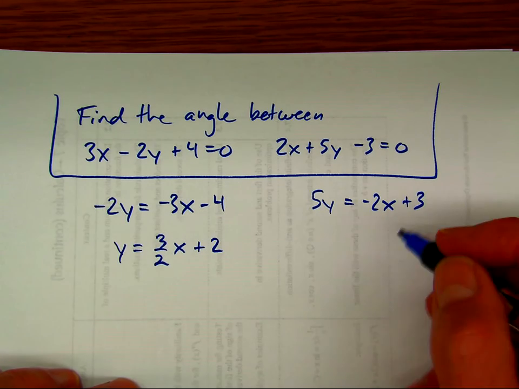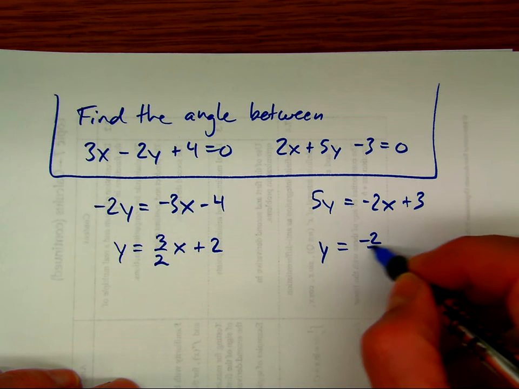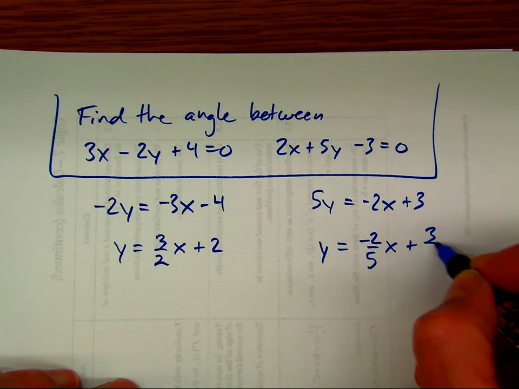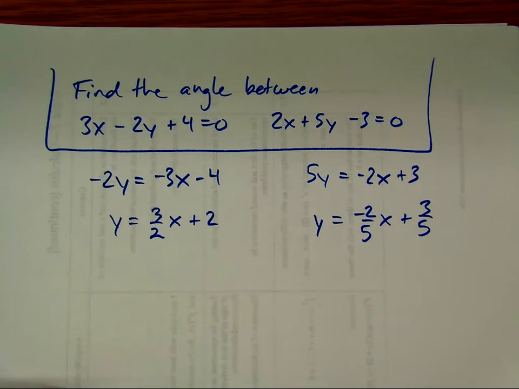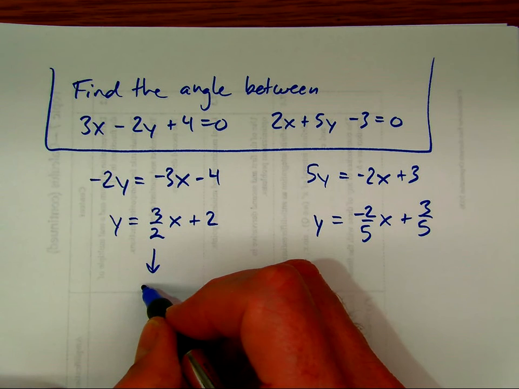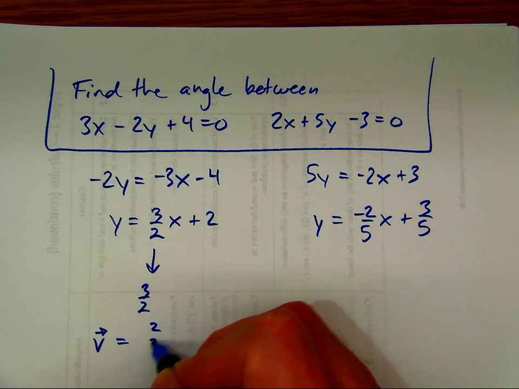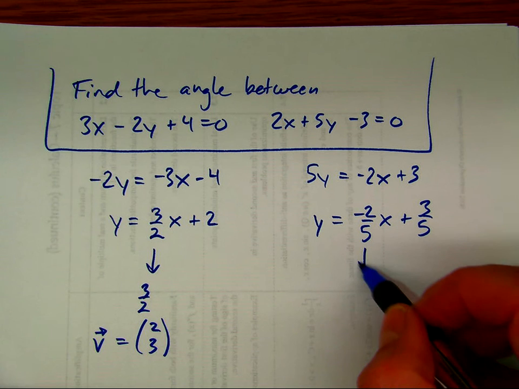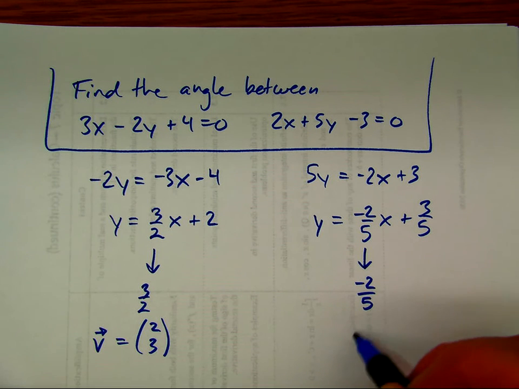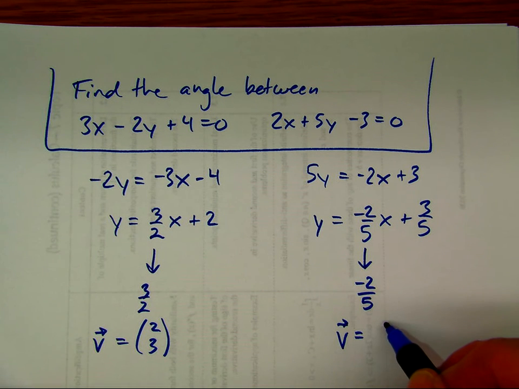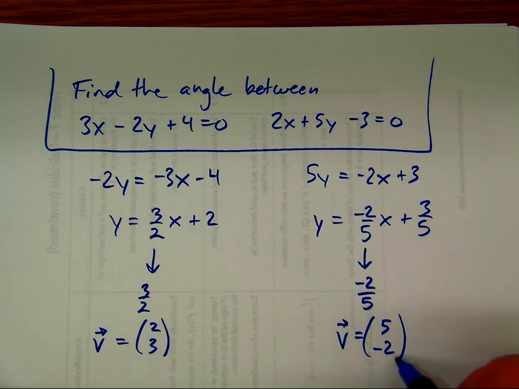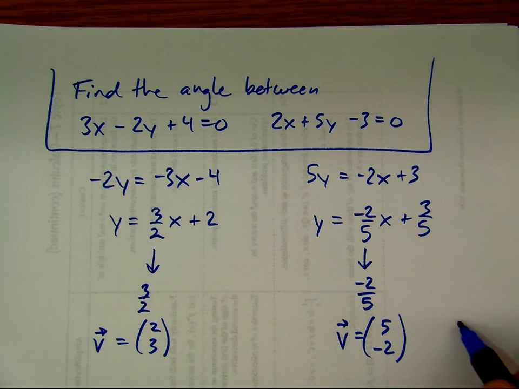And over here we'll divide by 5. Slope is 3 over 2, and the vector is 2, 3. The slope is negative 2 over 5, and the vector is 5, negative 2. You could also use negative 5, 2, and in this problem I'm going to use that one.